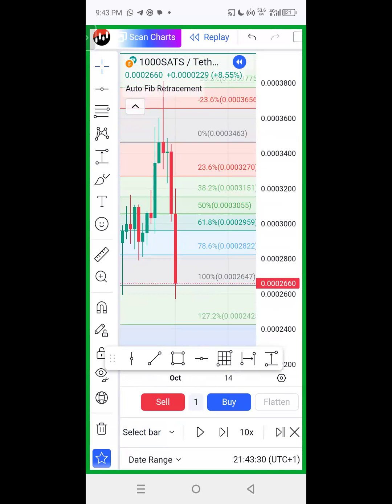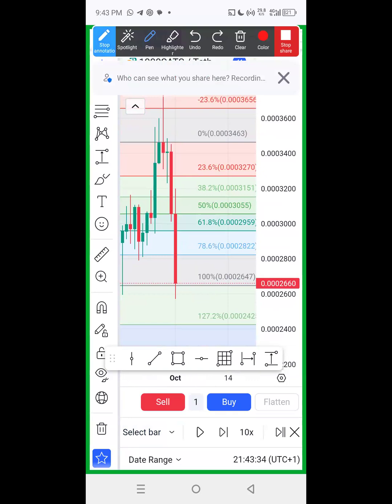You have an uptrend. Why is it an uptrend? Because 0 is at the top and 100 is at the bottom. That's an uptrend. And you need the candle to be on the 61.8% line or below. But in this case, it's not any type of candle. You just need a candle that has a big body. As you can see, this is a candle with a big body. Not a small body, not a candle like this.